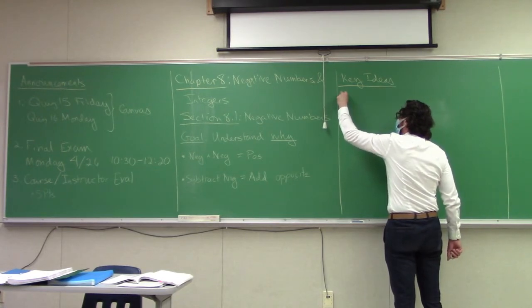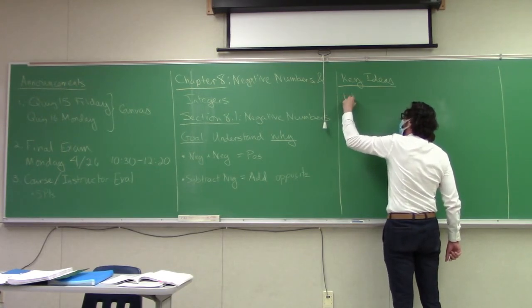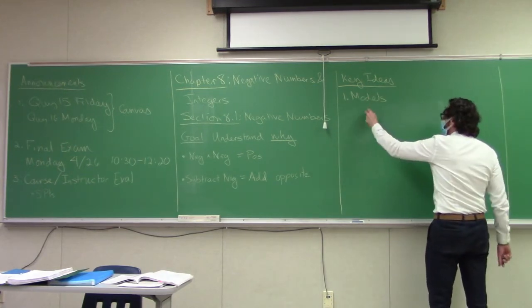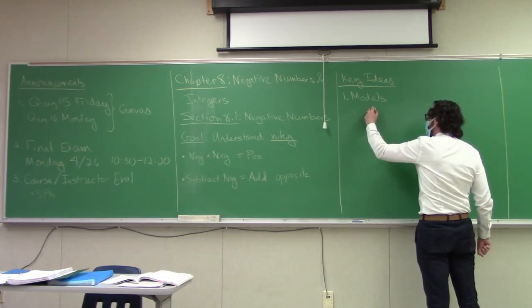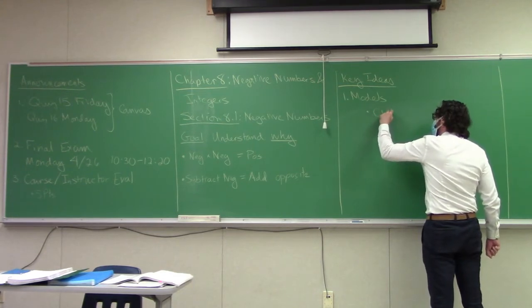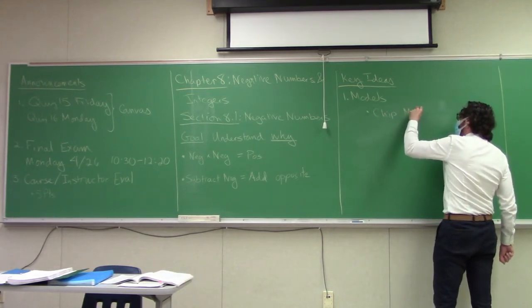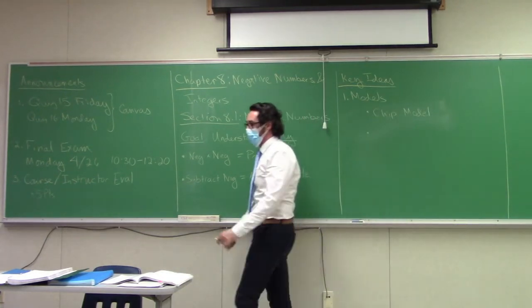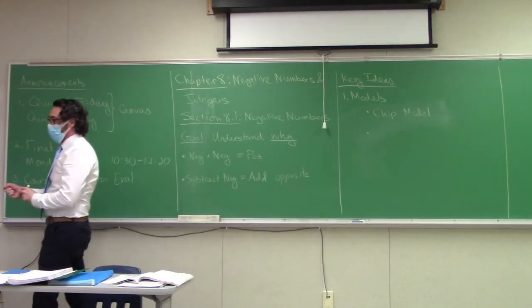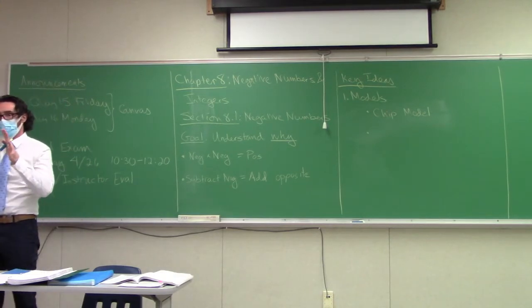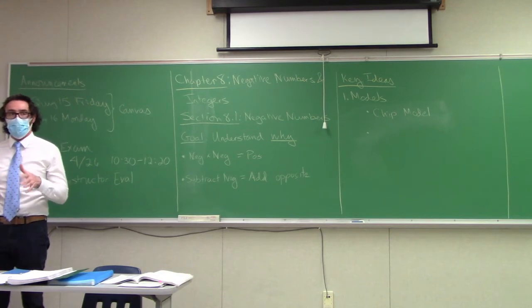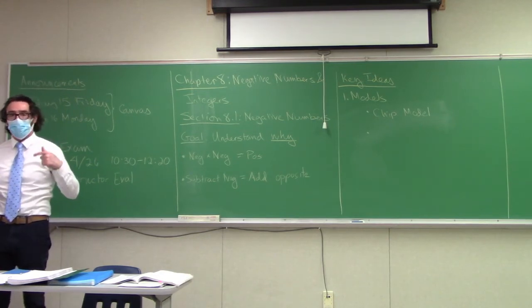So the key ideas are the models that we use for working with negative numbers. We'll have a chip model for signed numbers that is a little bit different than the chip model that we used for demonstrating the various algorithms for addition and subtraction and multiplication.